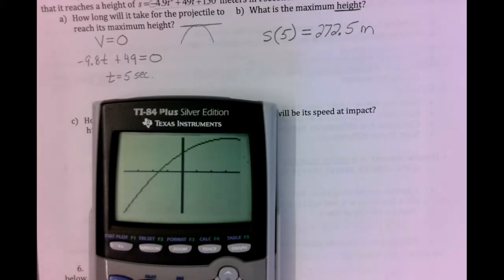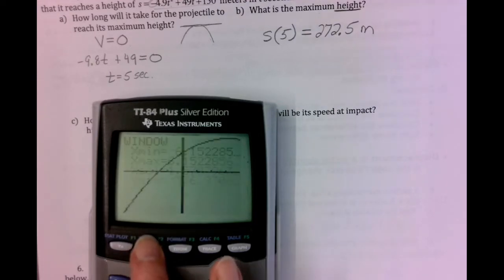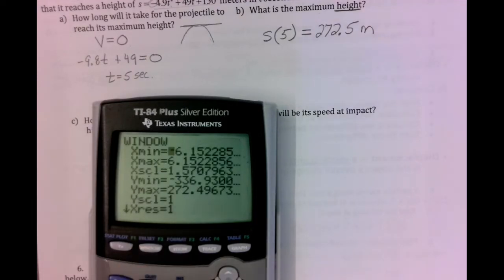So I'm going to change the x window from negative 10 to 25, going by 5s, and then the y min, I hate when it does things like that, so I'm going to go negative 400 to 300 by 100s. I like my stuff balanced.